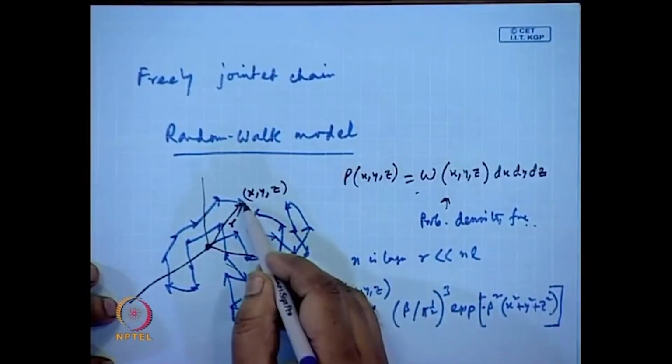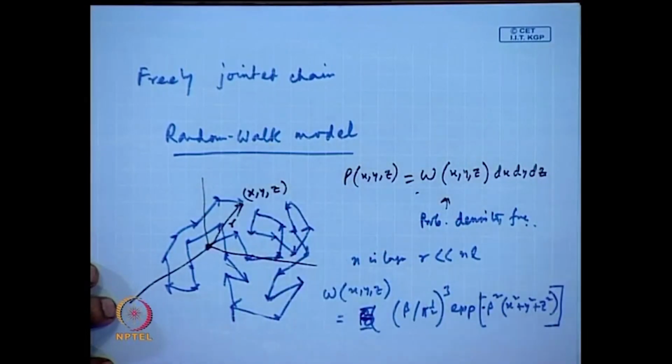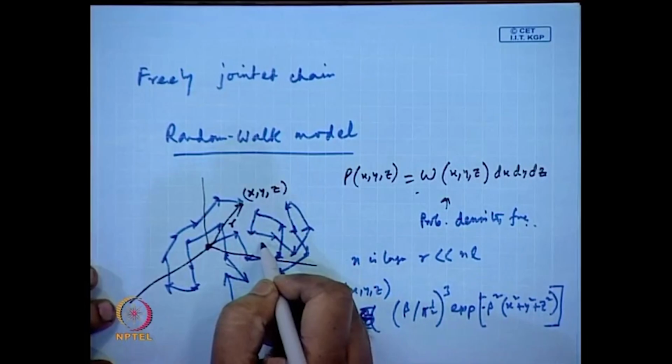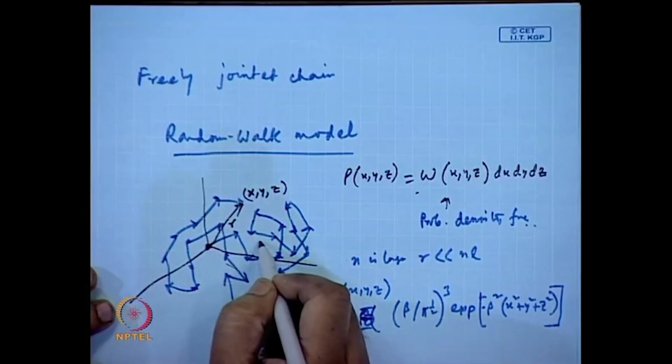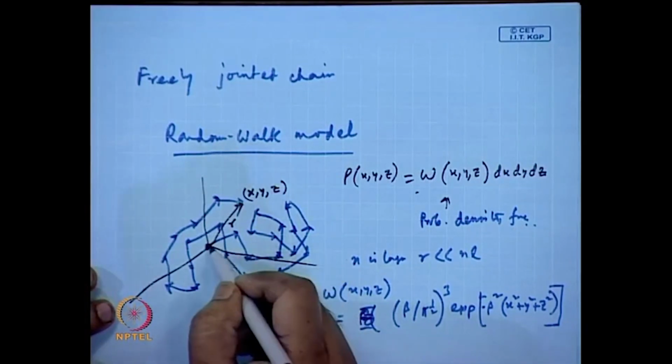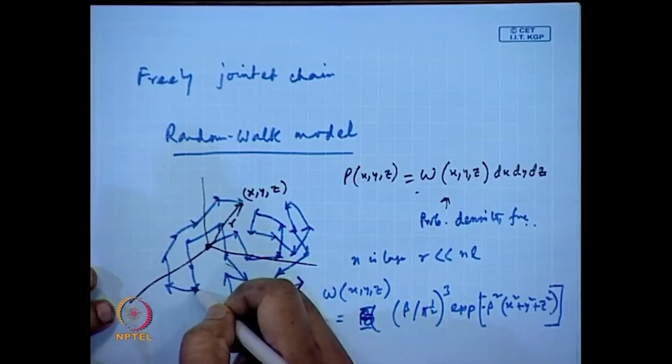Here we are considering one unit volume in this place. Now, there could be other points which also have the same distance r. We can have other values of r across these 3 coordinates.